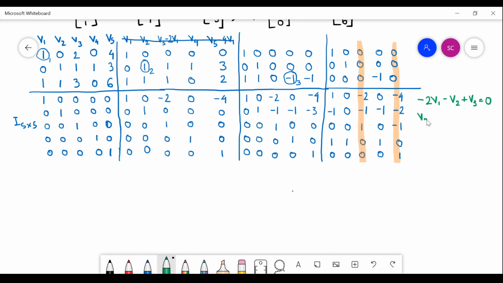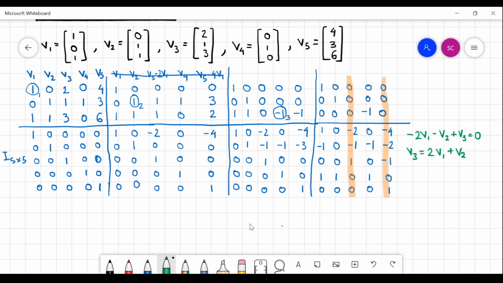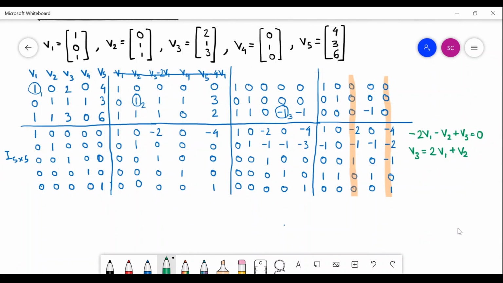That means v3 is equal to 2 v1 plus v2. So these are the 5 vectors that had been given to you, this 5 that you started with. Of course 3 of them would be independent and 2 of them would be dependent on the other 3.